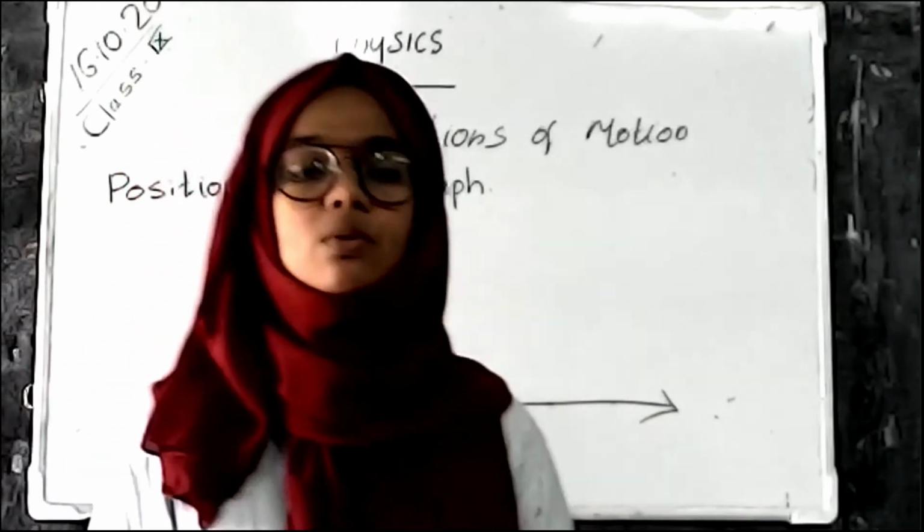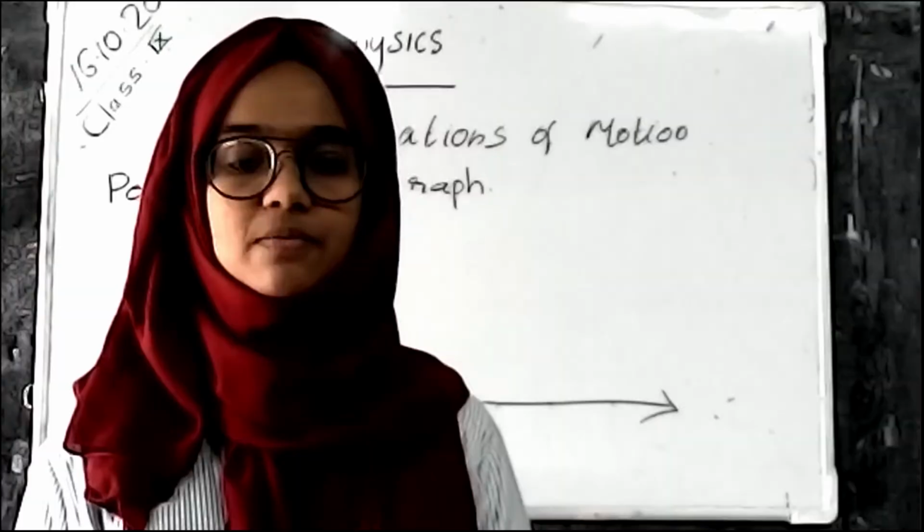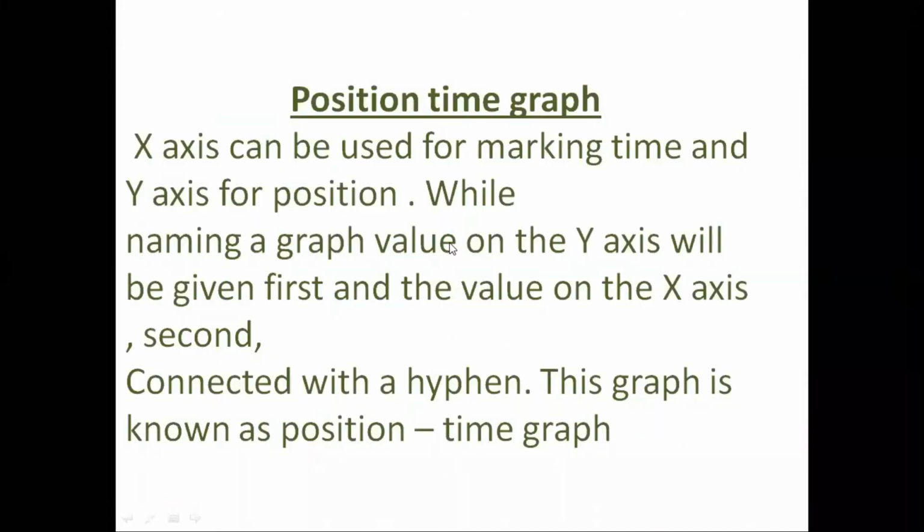And we have to learn what a position-time graph is. The x-axis is used for time and the y-axis for position. In a position-time graph, time is taken on the x-axis and position is taken on the y-axis.